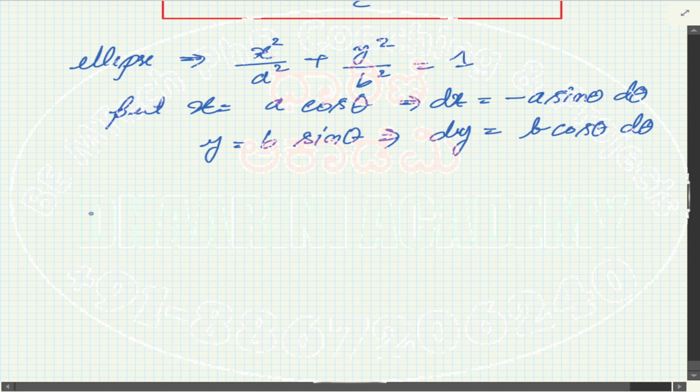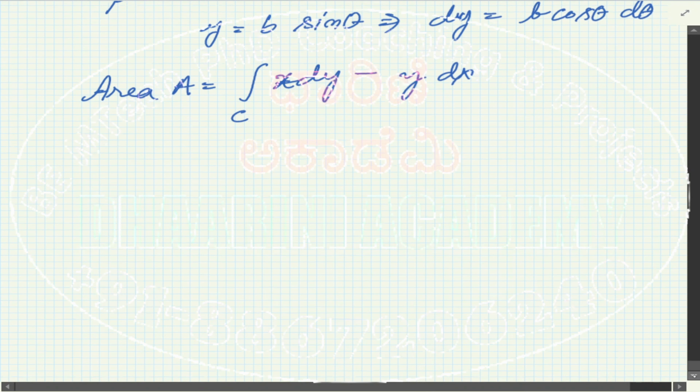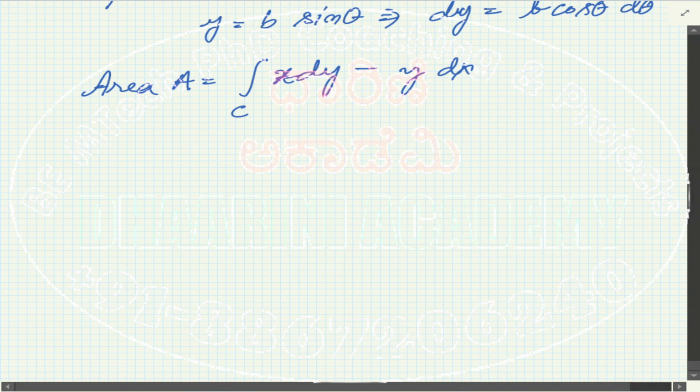So what is the required area? Area A is equal to integral over the region C of x dy minus y dx. Now C has to be considered in terms of theta. We know that theta varies from 0 to 2 pi.